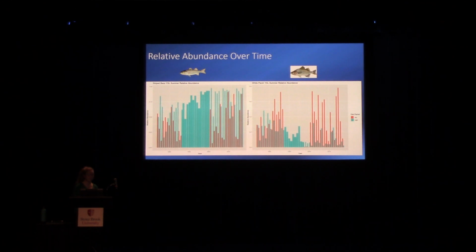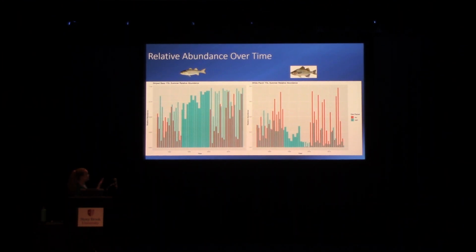And this is between the 2 gear types that were used. And you can see that the pink here represents the daytime relative abundances, and the blue represents nighttime. You'll notice a gap in the pink day relative abundance, and that's because daytime sampling was not conducted during these years. And you can see some pretty interesting trends.